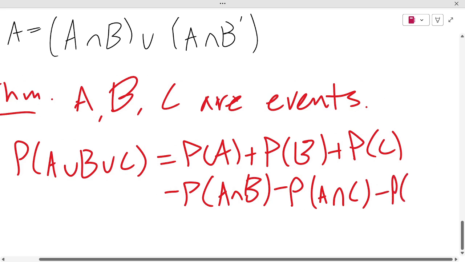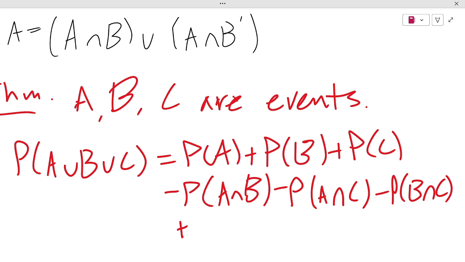Minus the probability of B intersect C, and then plus the probability of A intersect B intersect C.